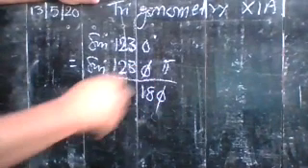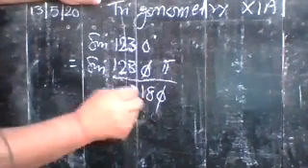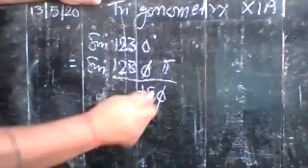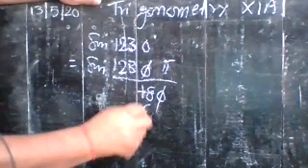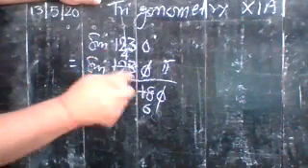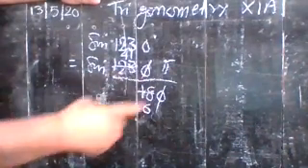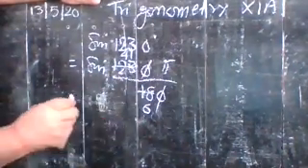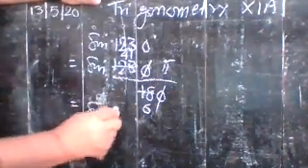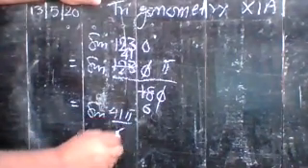The zeros cancel out, and cancel with 3: 3 sixes are 18, 3 fours are 12, and 3 ones are 3. So that is 41 pi by 6. Here you have sine 41 pi by 6.